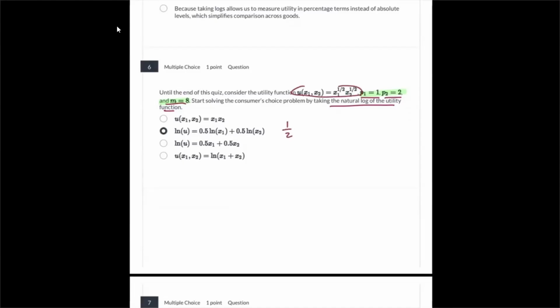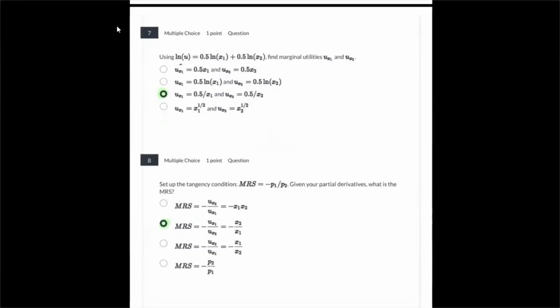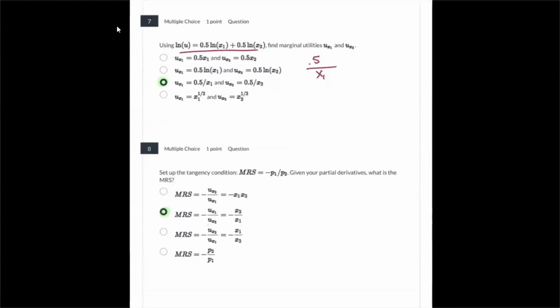We get 1/2 ln x1 plus 1/2 ln x2. Using this new utility function to find the marginal utilities, for x1 is 0.5 over x1, and for x2 it's 0.5 over x2. Right.